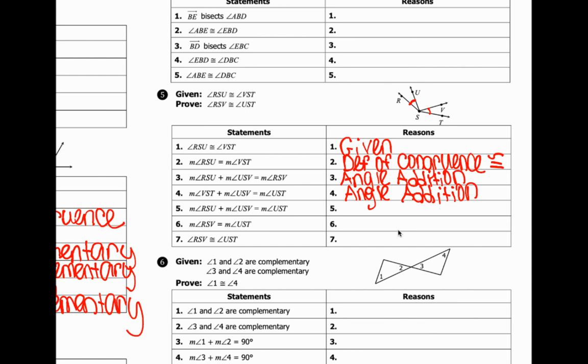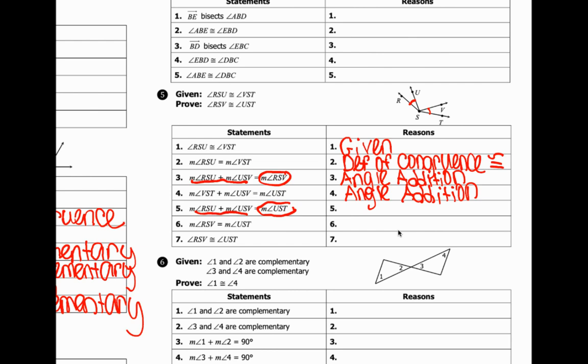Okay, so then they said, well, RSU plus USV has to equal UST. So let's think about how they got that. We have that expression here and here. Here it equaled RSV. Now they're saying it equals UST. So we have to think about how they got from there to there. Think about if they could have used substitution, what could they have done?